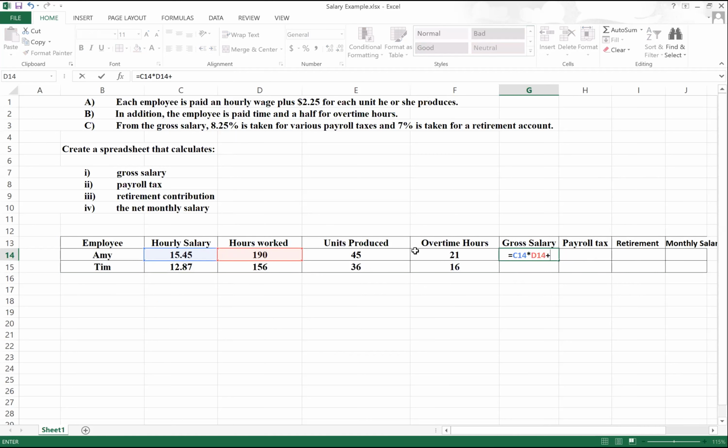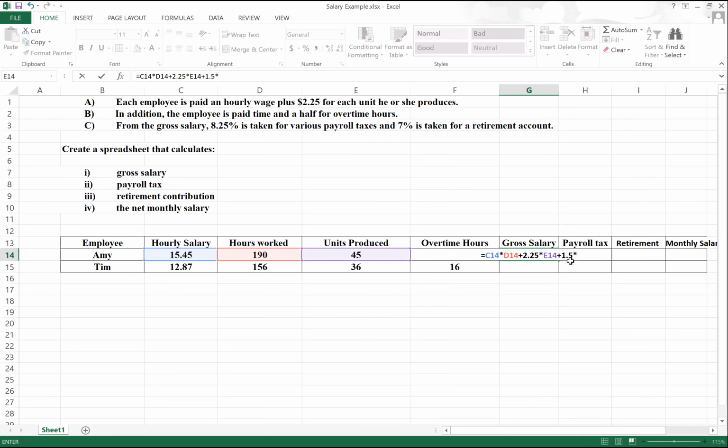Adding the commission. The commission is $2.25 multiplied by the units produced, E14. And then the last part is the overtime pay. Overtime pay is 1.5 times as much as the regular pay.